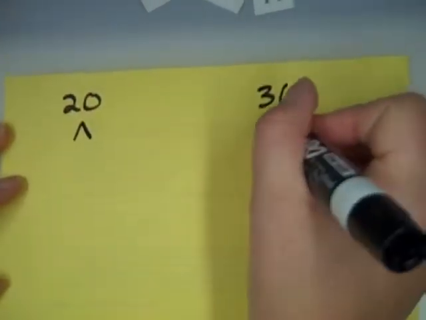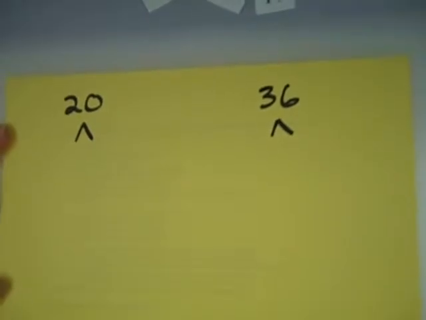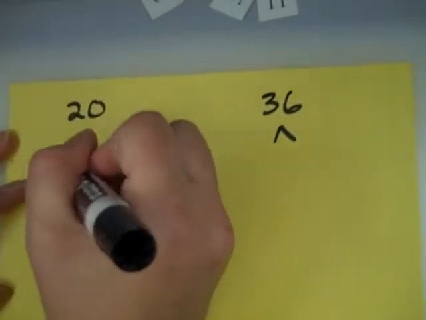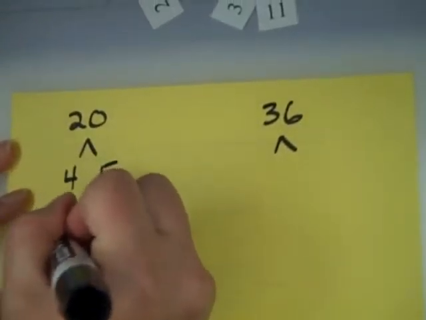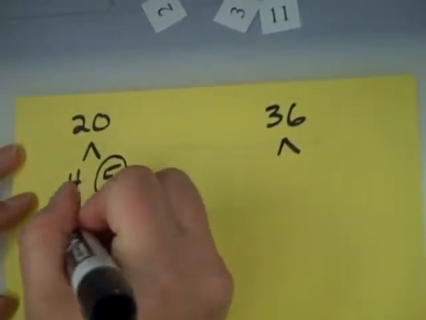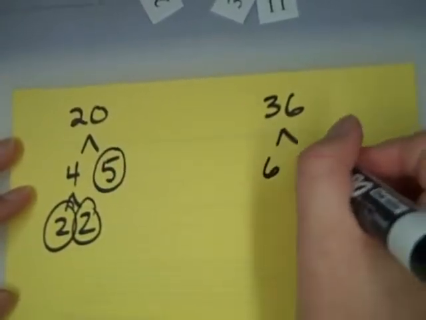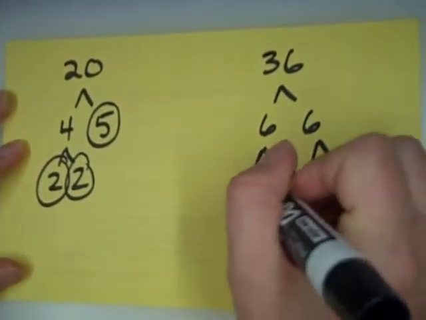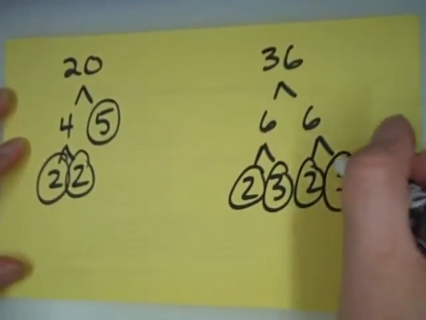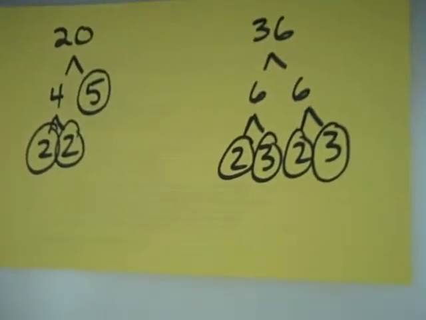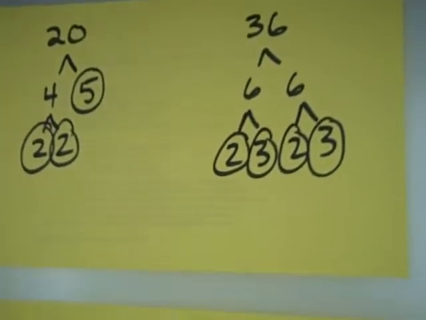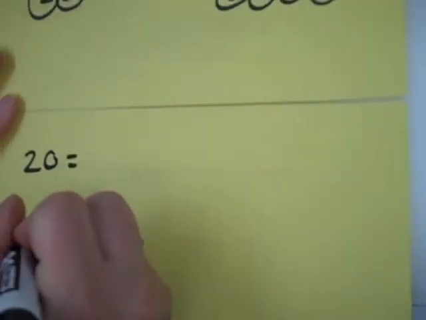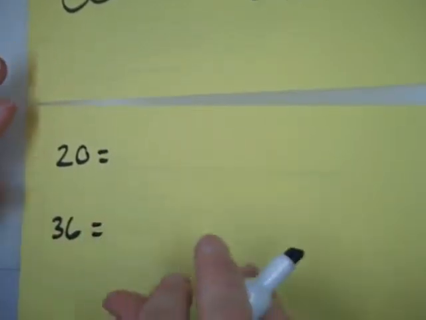So make your factor trees. So there's my primes. And then we're going to translate that down here. So 20 equals and 36 equals, and use our little numbers to match them up.